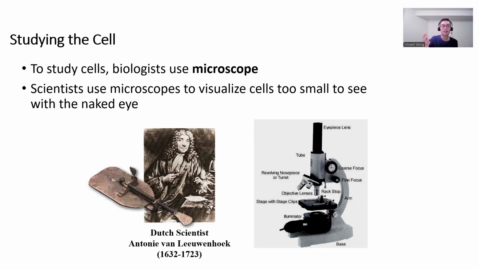He saw all these things moving around. Some have tails, some are dashing around purposefully. So he called these things that he saw animalcules. They are molecules that look like animals, right? In fact, things like amoeba and paramecium, that's the kind of stuff that he was able to see in the water.